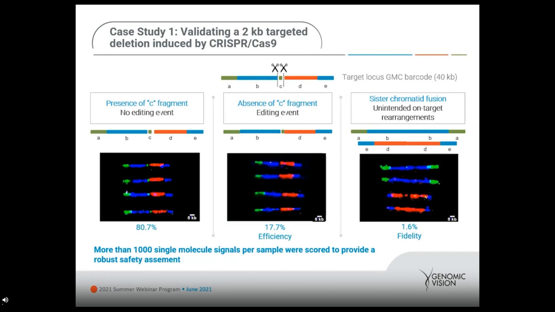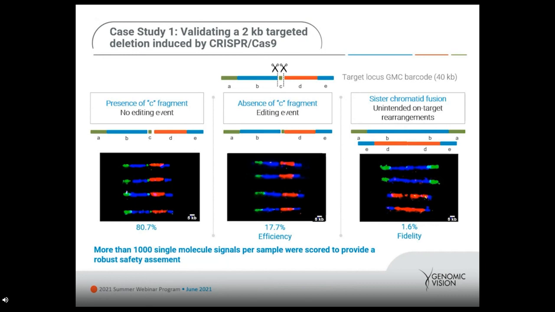So here are some results. As a reminder, the GMC barcode is presented at the top, and it covers a region of 40 kb in size. The targeted deletion is labeled in green, and it's the fragment named C.